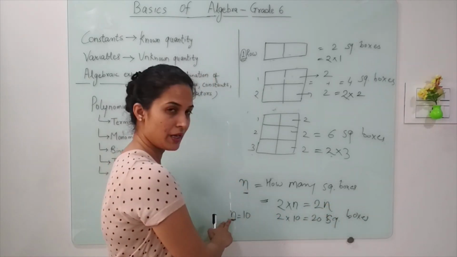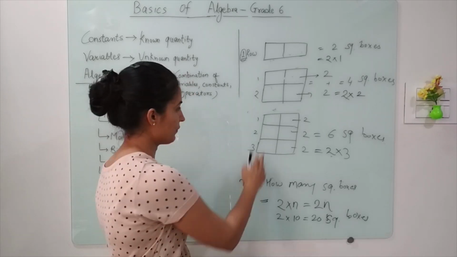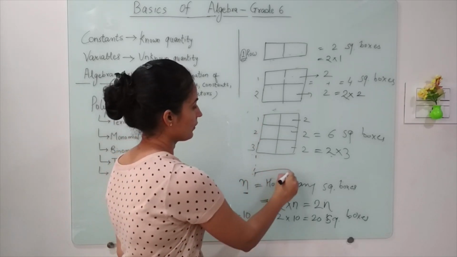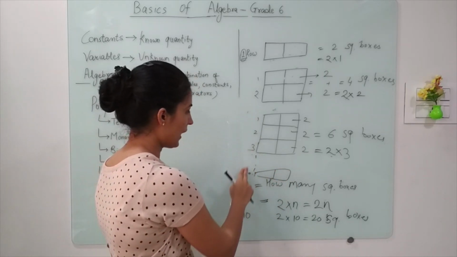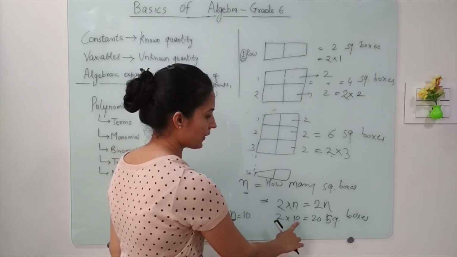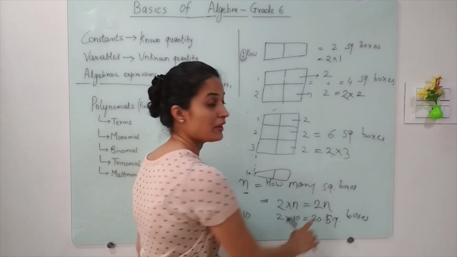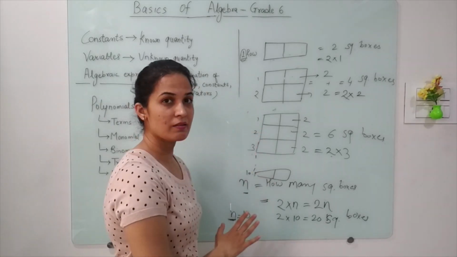You can try to put any value to this n. Let's put n as 10. That means we have a total of 10 rows. So, in 10 rows, there will be a total of 2 multiplied by 10, which is equal to 20 square boxes. I hope this pattern is clear to you.